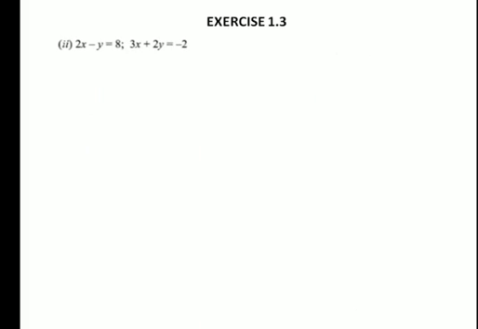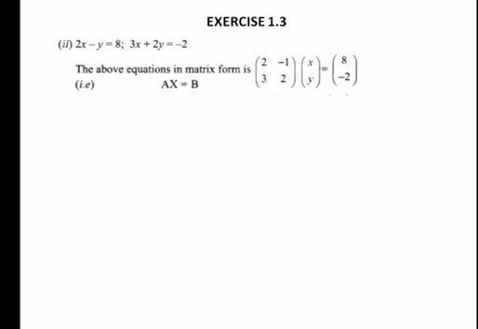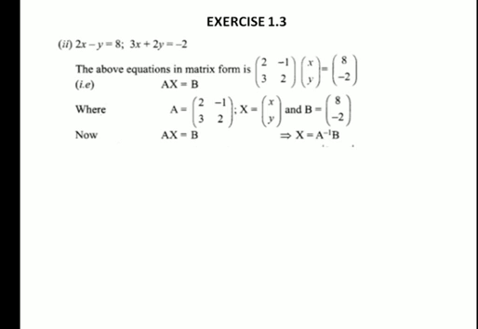Second question, 2x minus y equal to 8, 3x plus 2y equal to minus 2. Write the above equations in the matrix form AX equal to B, where A equal to the value, you take it and write, X value, B value. Then AX equal to B, X equal to A inverse B. To find A inverse, find out A modulus, the answer is 7.